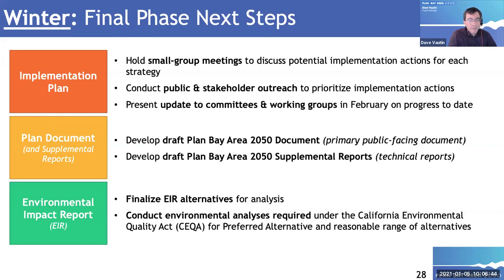For the plan document, we continue to develop the document itself. And for the environmental impact report, we're finalizing the alternatives for analysis, as well as conducting the environmental analysis itself on the preferred alternative once identified and the reasonable range of alternatives.